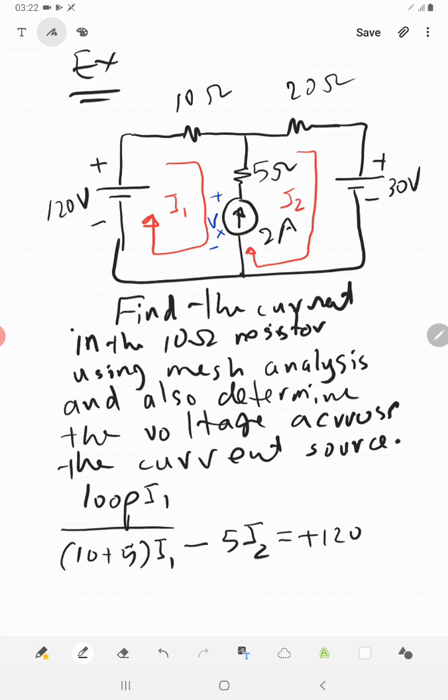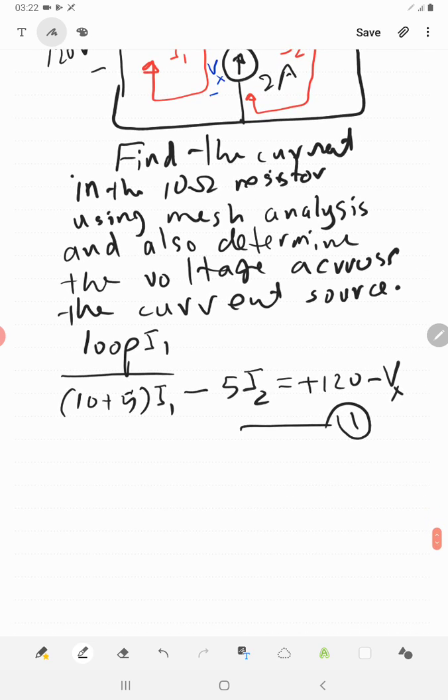Vx is in the opposite direction, so minus Vx, and this is equation 1.